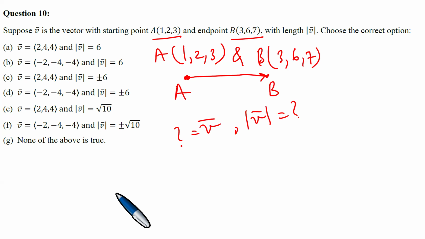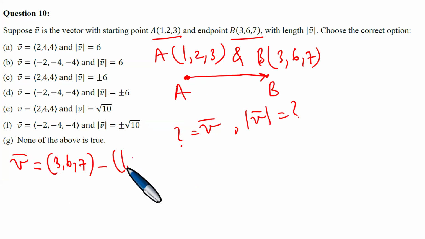Right, so a couple of things you need to take into account. To find the vector V, suppose that V is the vector with starting point 1, 2, 3 and end point 3, 6, 7.